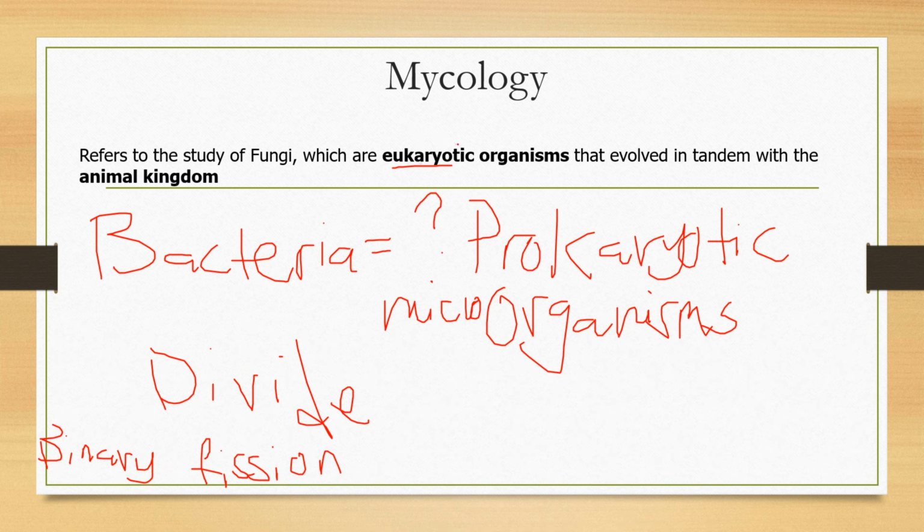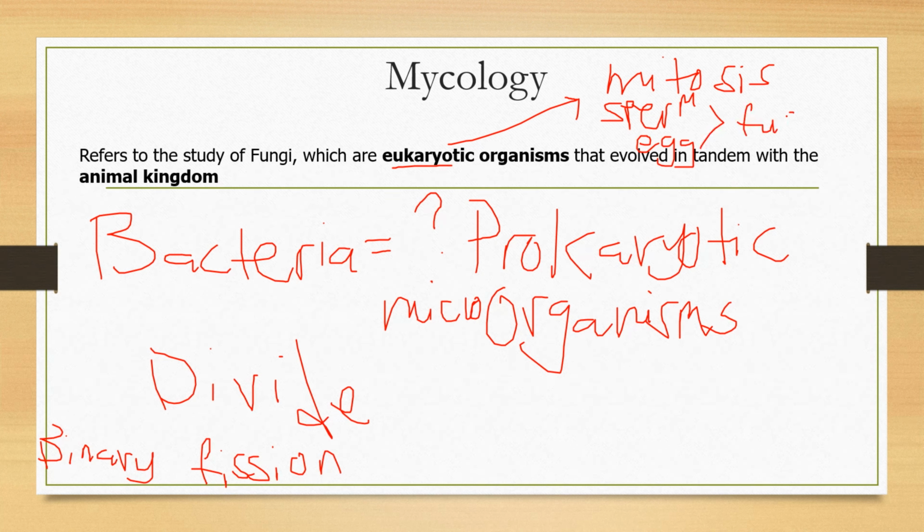While your eukaryotic organisms, they would usually reproduce via what we call mitosis. If you still remember, in sexual reproduction there would be a sperm, there would be an egg cell, and they would fuse or combine.